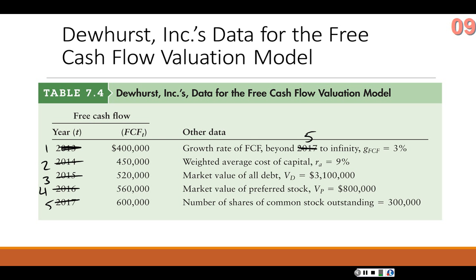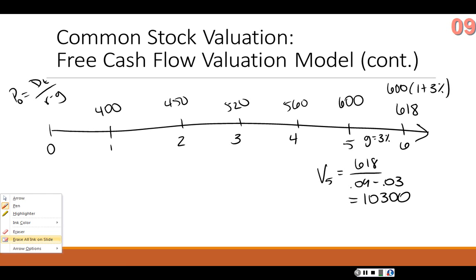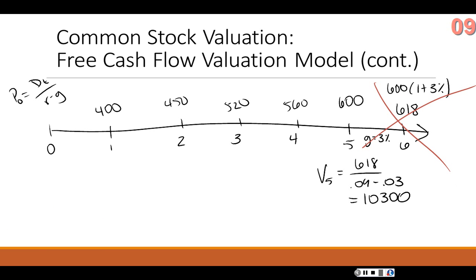The required return is the weighted average cost of capital of 9%. Minus the growth rate of 3%, the constant growth rate. When you work that out, you should get 10,300. So now we can ignore all cash flows that occur after time period 5.